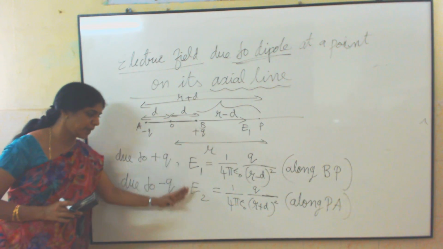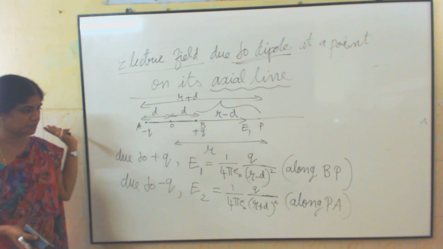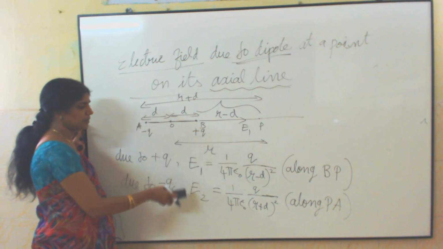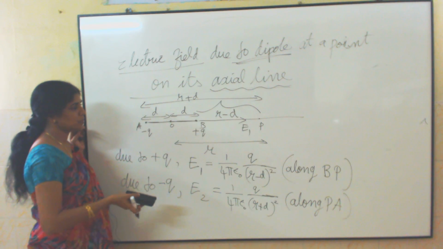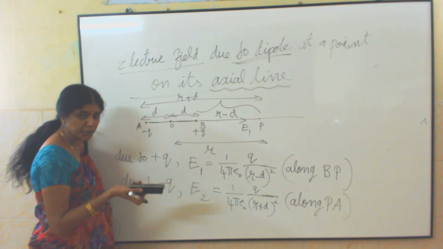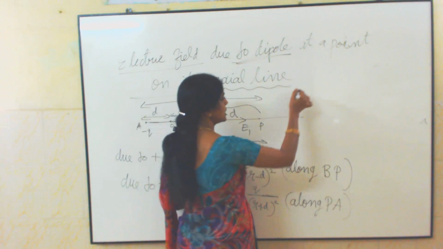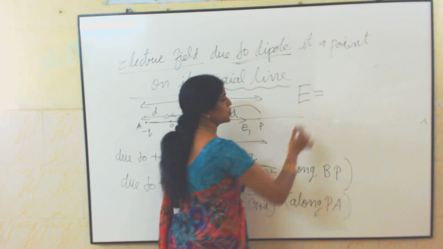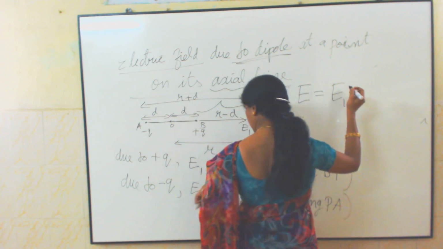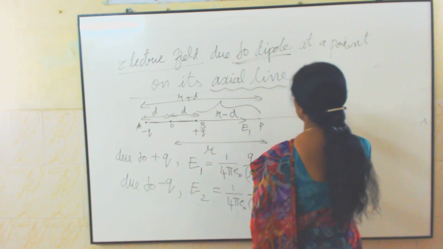Now, we have calculated separately the electric field due to the two charges, plus Q and minus Q. So, I want to find out the net electric field due to the two charges. It will always be one minus the other, the one with greater magnitude minus the other. Here, the positive will have the greater magnitude. So, I can write the net electric field due to this dipole is given by E1 minus E2.